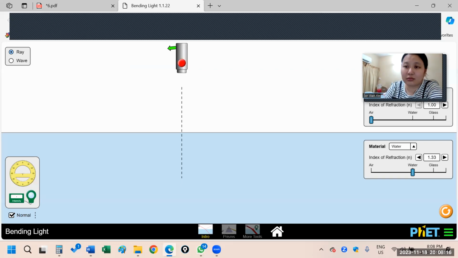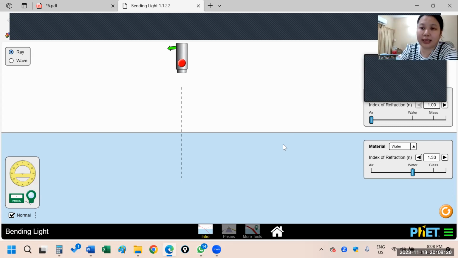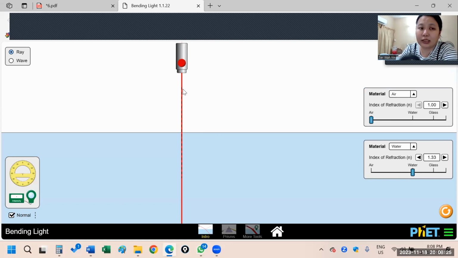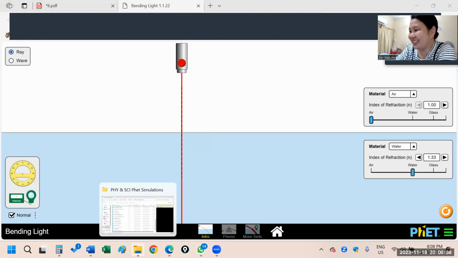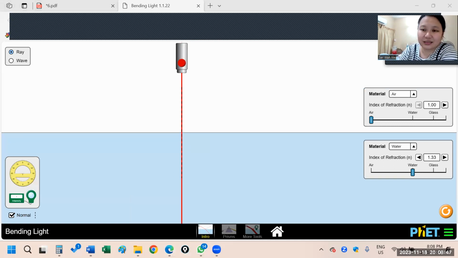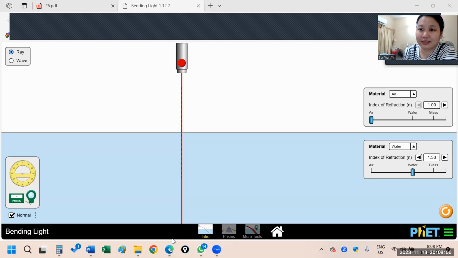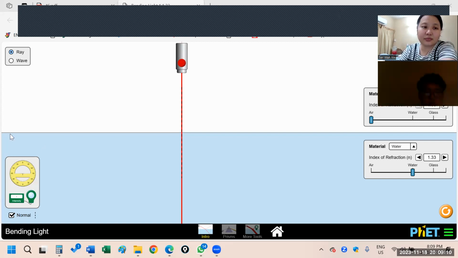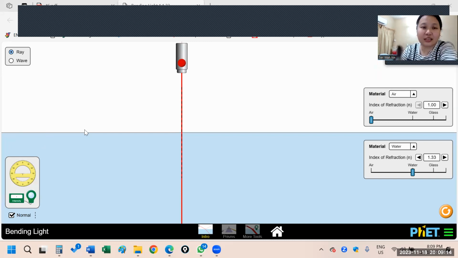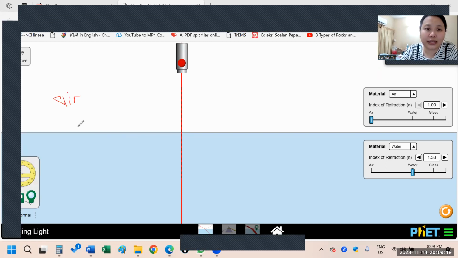Okay, so now the light travels from air to water. If it is parallel to the normal. Okay, first of all, we must know that... Okay, so this is air and this is water.